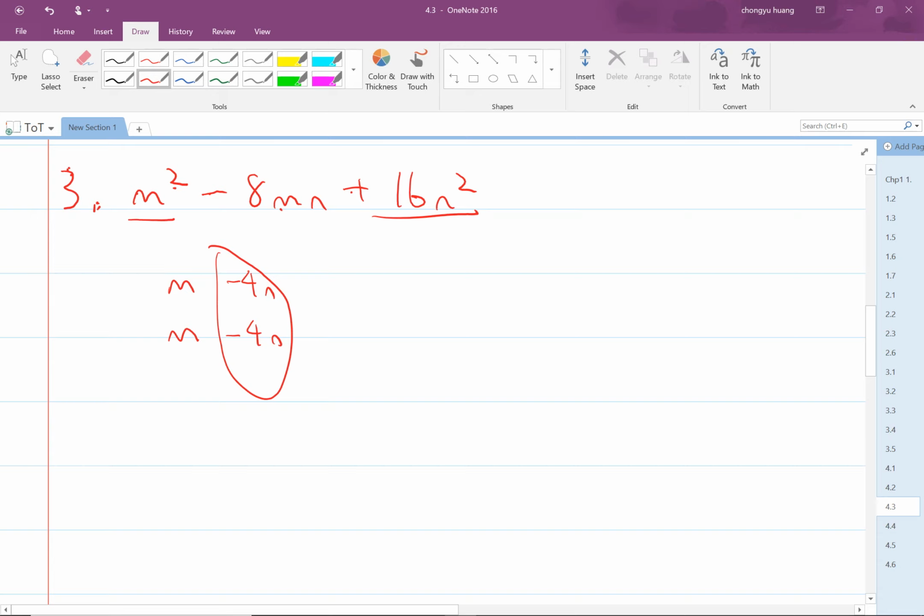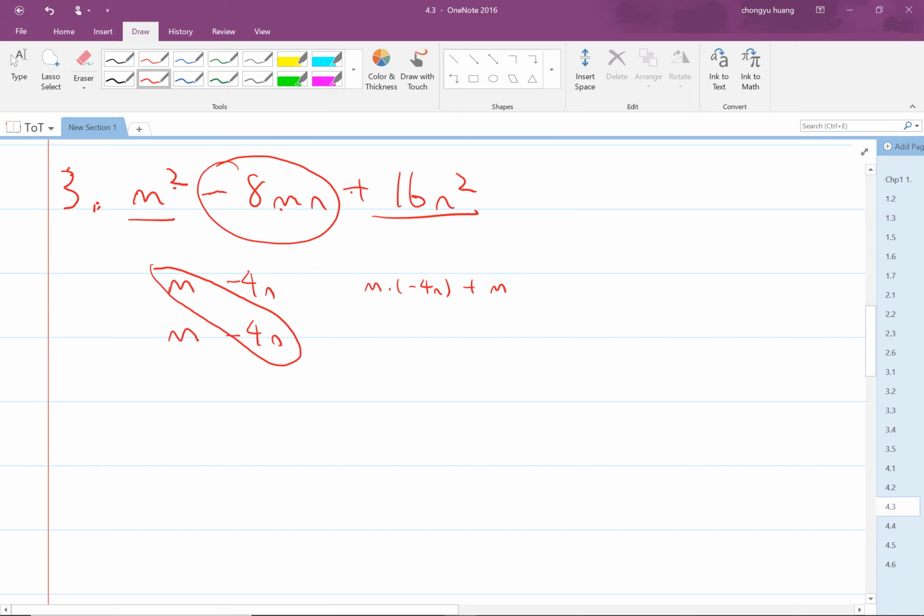As you can see, if we multiply them together, it becomes positive 16n squared, right? And as we always do, we want to make sure the middle number is right, so we're doing the cross operation. We multiply m by negative 4n, plus n multiplied by negative 4m, to make sure it is exactly negative 8mn.